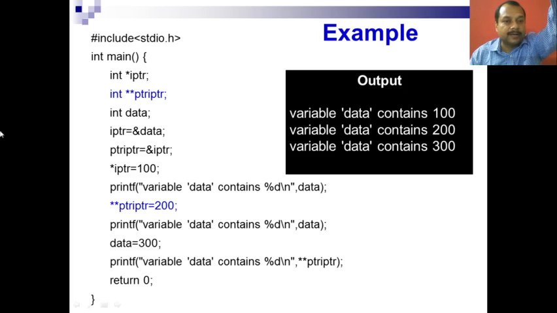So that is nothing but this int data, so it will store 200 in that data location. Then if I print, the second printf statement will output data is 200. Now the final one is straightforward, that is data equals 300, and if you print, you will print the data. Okay, so this is star iptr. So star iptr means the same thing, and then data content 300 will be printed here.